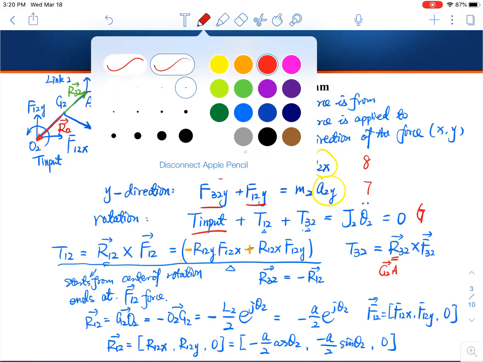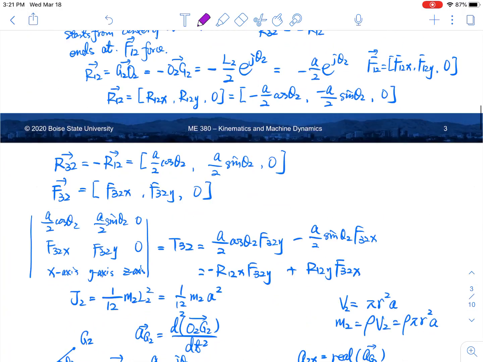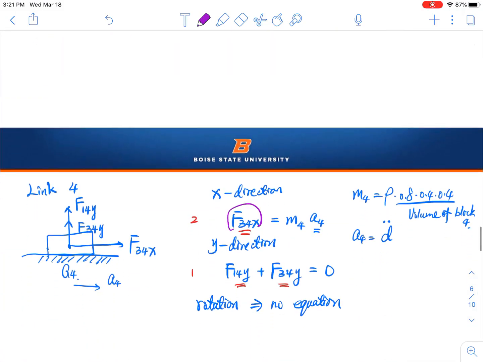How many unknowns? I'm going to use purple sign to circle out the unknowns. We have 1, 2, 3, 4, 5, 6, 7, 8, 9, 10, 11, 12.